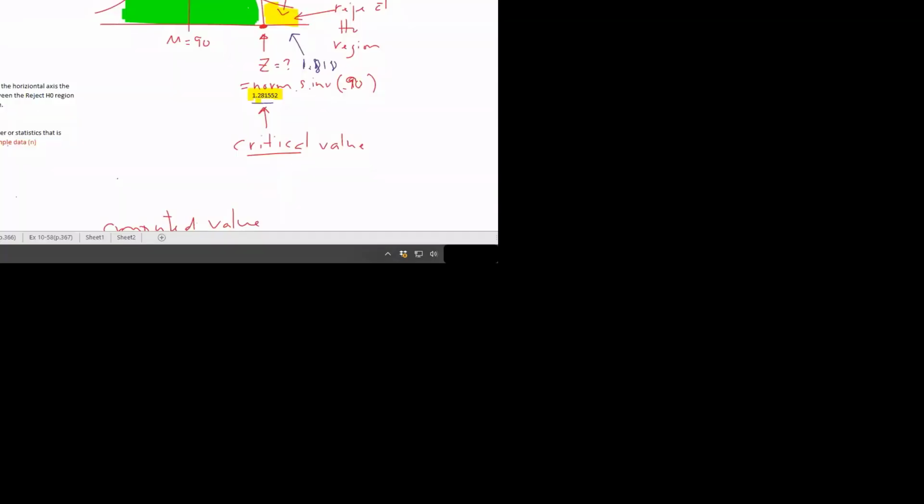But the way we set this up was a greater than test. So we need to change the code for the direction of test. It says enter 1 for two-tailed test, 2 for right-tailed test. So we'll put 2 there.